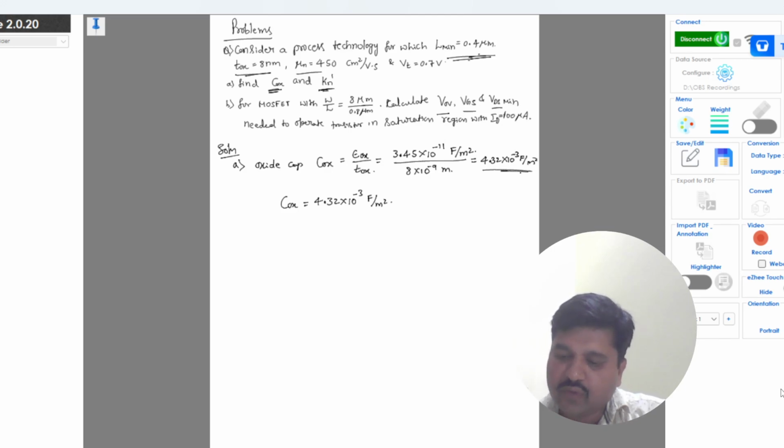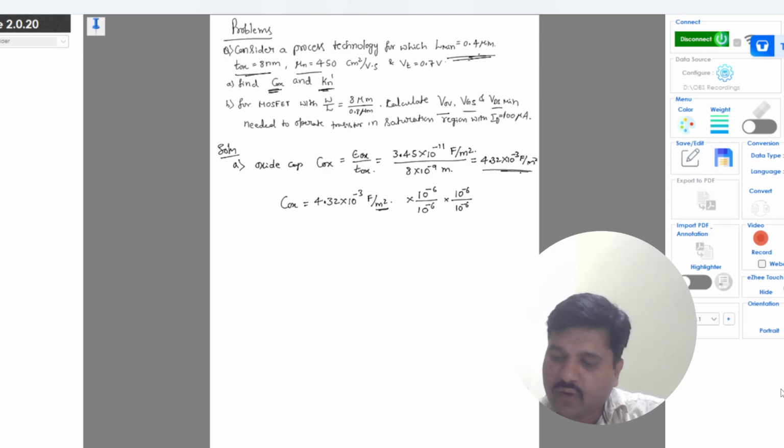To convert it into micrometer, we will multiply and divide by 10 power minus 6. Since you have micrometer square in the denominator, we multiply and divide by 10 power minus 6 again.